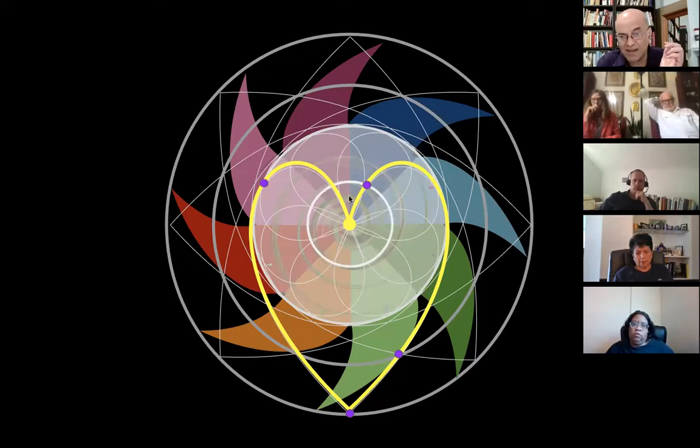let's look at inside here and outside here as two different things. Inside here, the cohesion and the interaction between the parts is far more fluid.